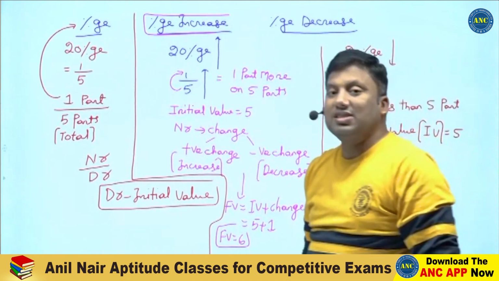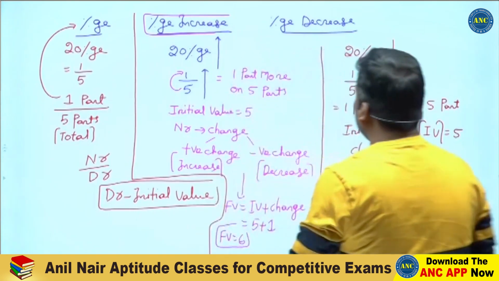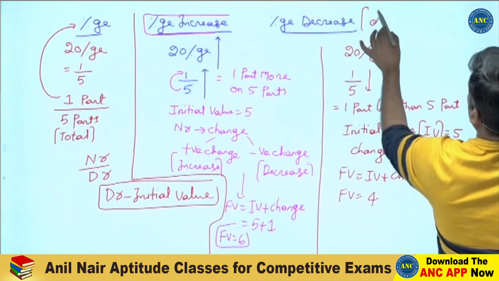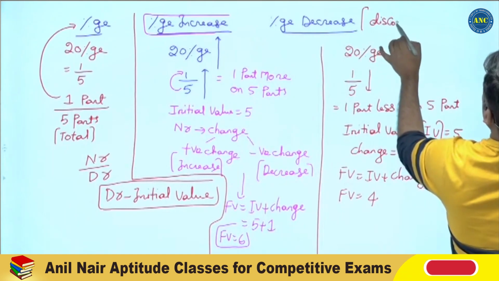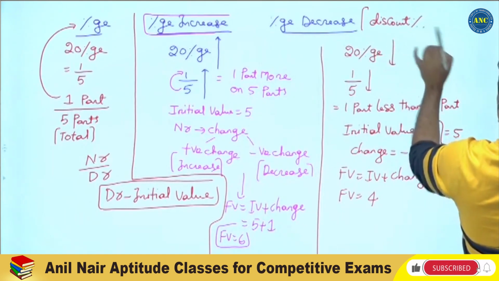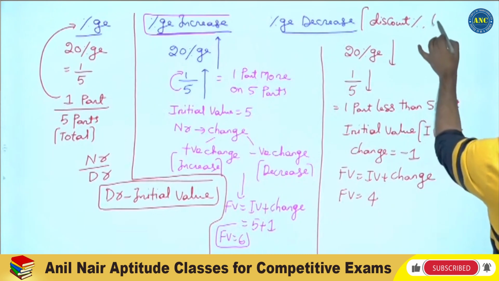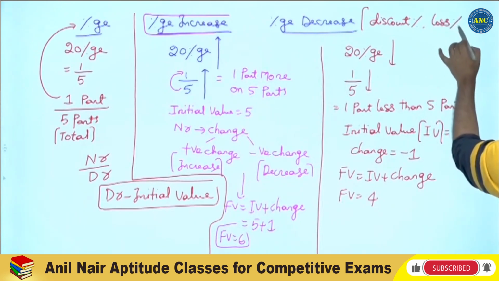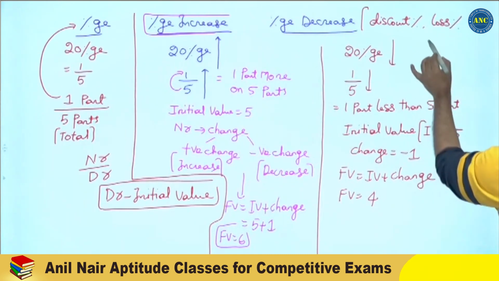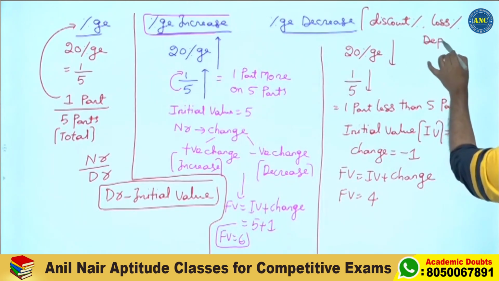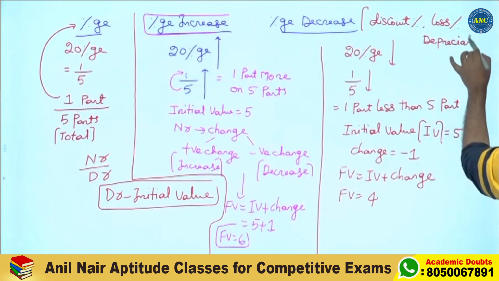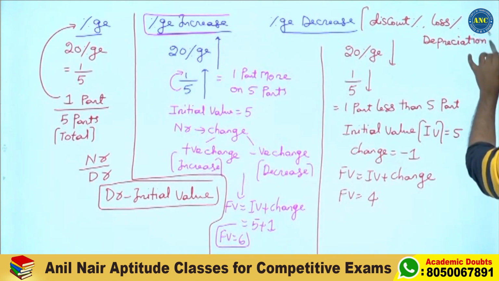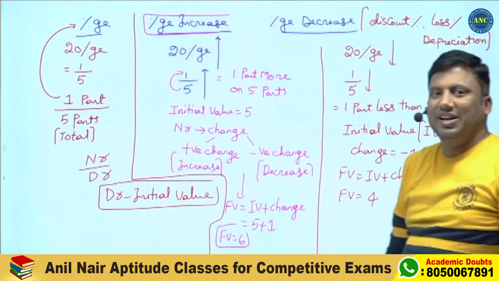What are the classical examples of percentage decrease? Discount percentage is an example of percentage decrease. Loss percentage is an example of percentage decrease. Depreciation is a classical example of percentage decrease.